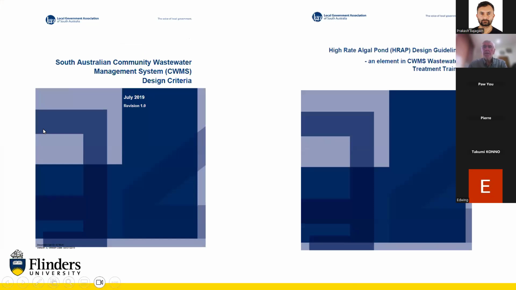This was quite significant in the sense that it was the first time, as far as I'm aware, and still is, that a high rate pond had been independently validated to national guidelines, and then high rate algal ponds were approved for use in South Australia.